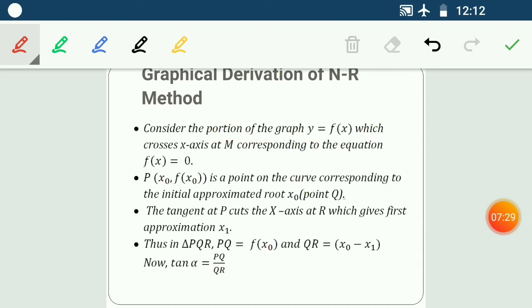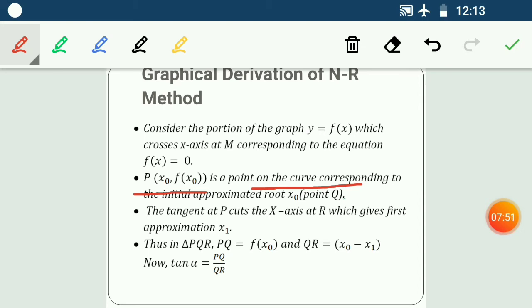Okay. What is next? We will find the point x naught and the respective f of x naught and locate that point as P, and we will draw a tangent line at this point P on the curve. Okay, so this is our next step.